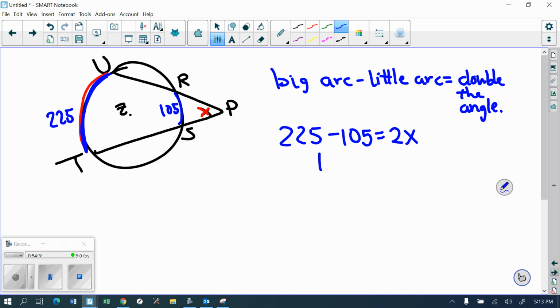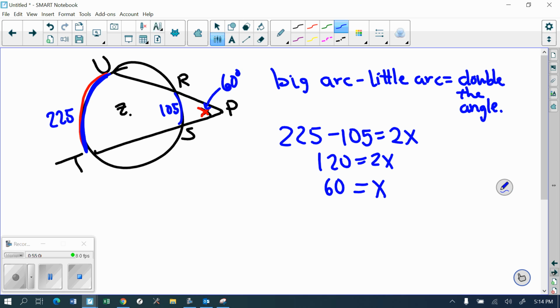So now I have 120 equals 2x. Divide by 2, I get x equals 60. So that's 60 degrees, if those numbers were correct. Doesn't matter if it looks like it or not, we have to go by what's given to us. So to find the angle measure, big arc minus little arc equals double the angle.